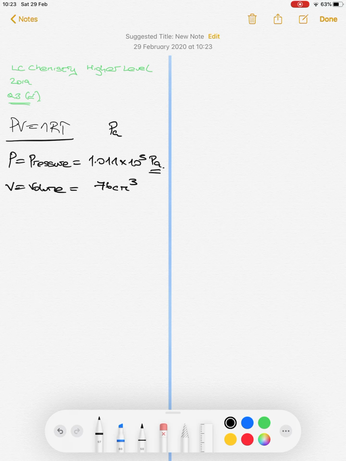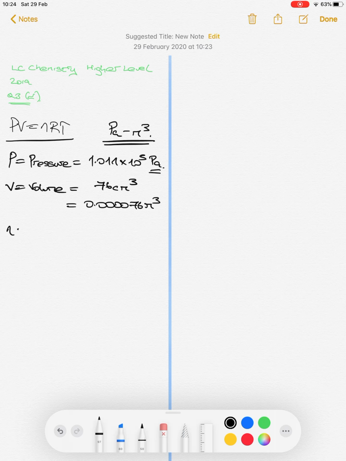You must convert this to meters cubed, and to do so, you divide by 1,000,000, or move the decimal point back 6 spaces, and there's my value, 0.000076 meters cubed. So there's my very, very important mnemonic there, PAM cubed. My pressure must be in pascals, and my volume must be in meters cubed. And to go from centimeters cubed to meters cubed, we divide by 1,000,000.